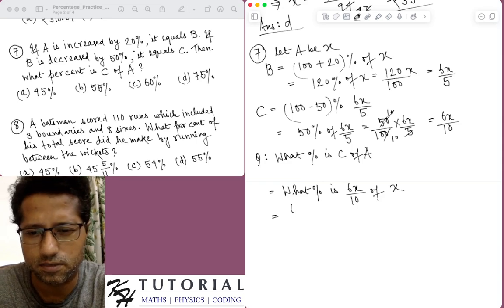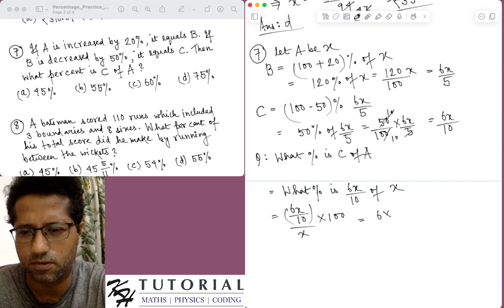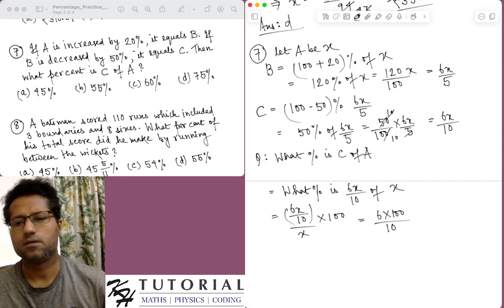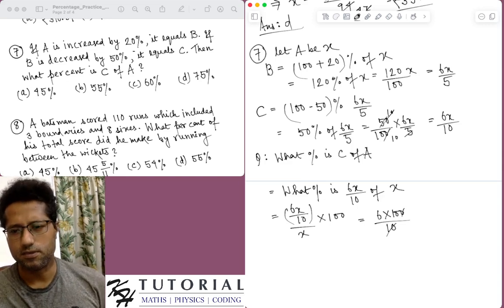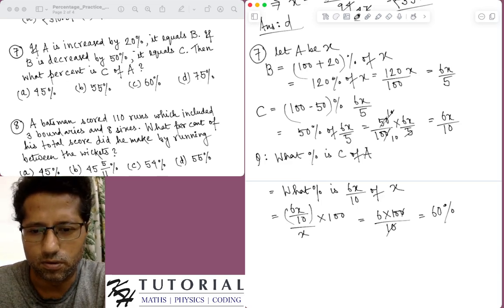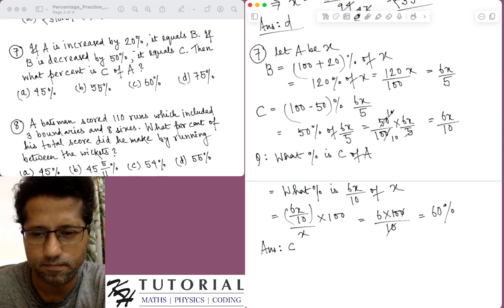This equals 6x by 10 divided by X multiplied by 100. The x cancels out, so this equals 6 into 100 divided by 10. This equals 60. So the answer is choice C.